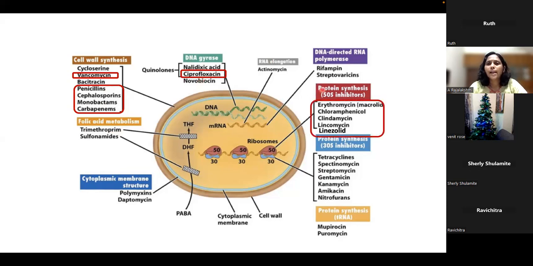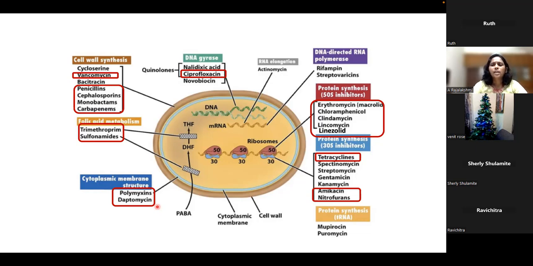A group of drugs act on protein synthesis, as we saw on the first slide. 50S inhibitors are macrolide, chloramphenicol, clindamycin, lincomycin, linezolid. Those that act on 30S are tetracycline and aminoglycosides. Those that act on folic acid metabolism are trimethoprim and sulfonamide. Those that act on the cytoplasmic membrane structure are polymyxin and daptomycin.